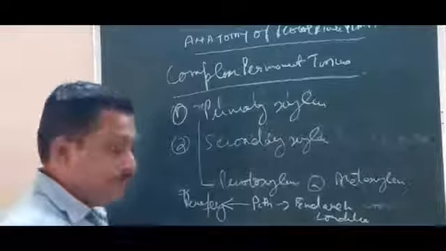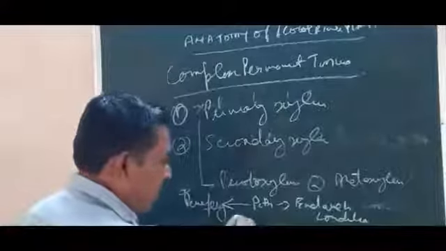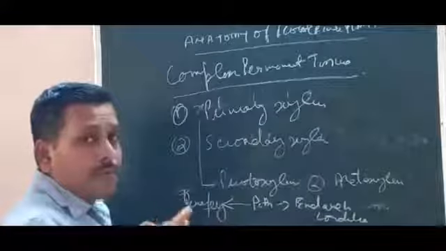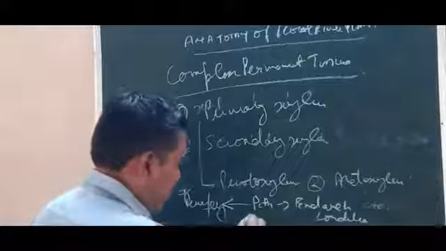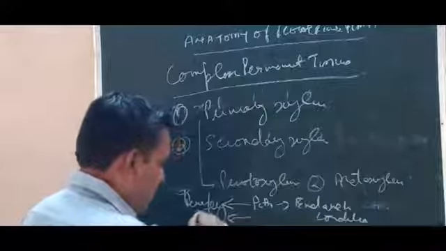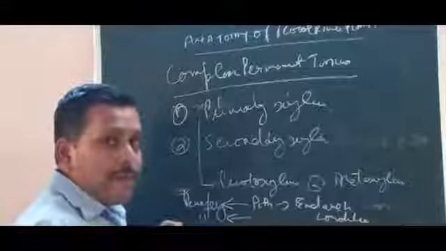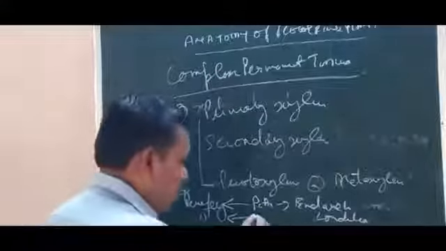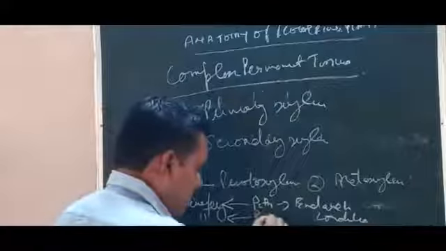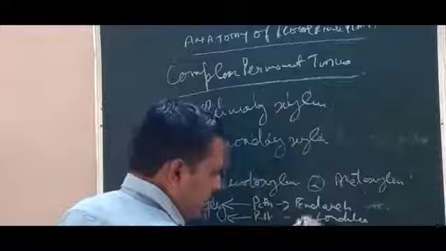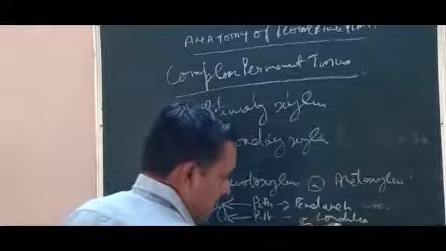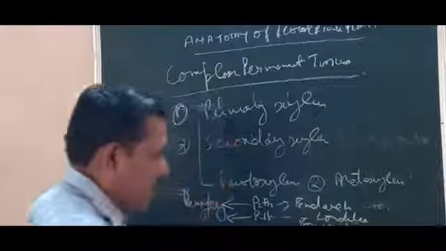While in roots, the protoxylem of primary xylem lies towards the periphery, while the later formed primary xylem, metaxylem, lies towards the center or pith. This condition is called exarch, E-X-A-R-C-H, condition.